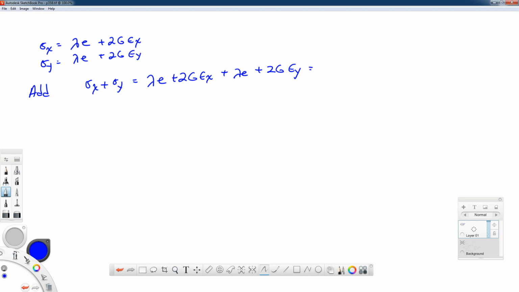We can add these lambda e's together, and we can write it this way if we would like. Let's go ahead and split these back out. We have a g epsilon x and a g epsilon y.